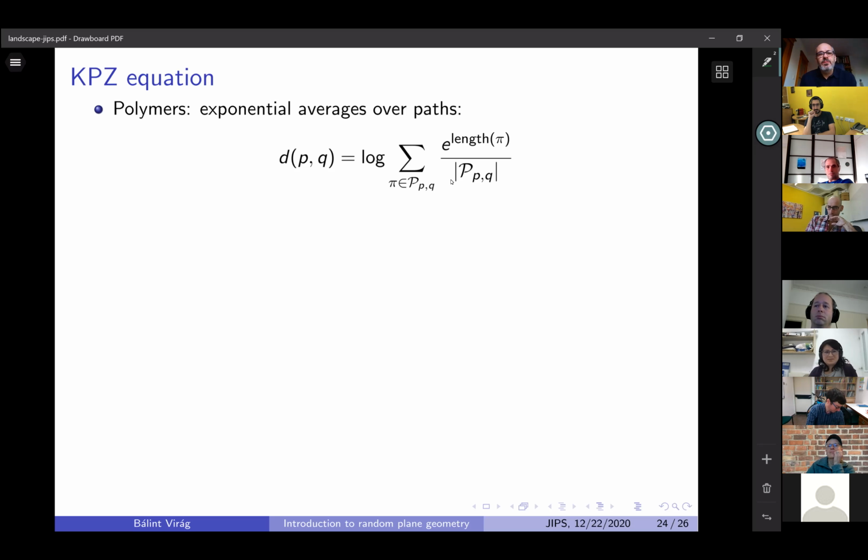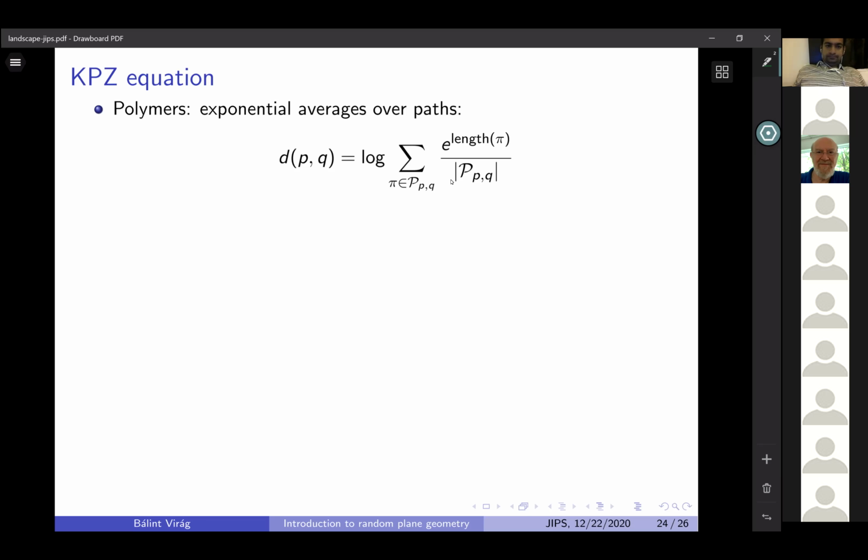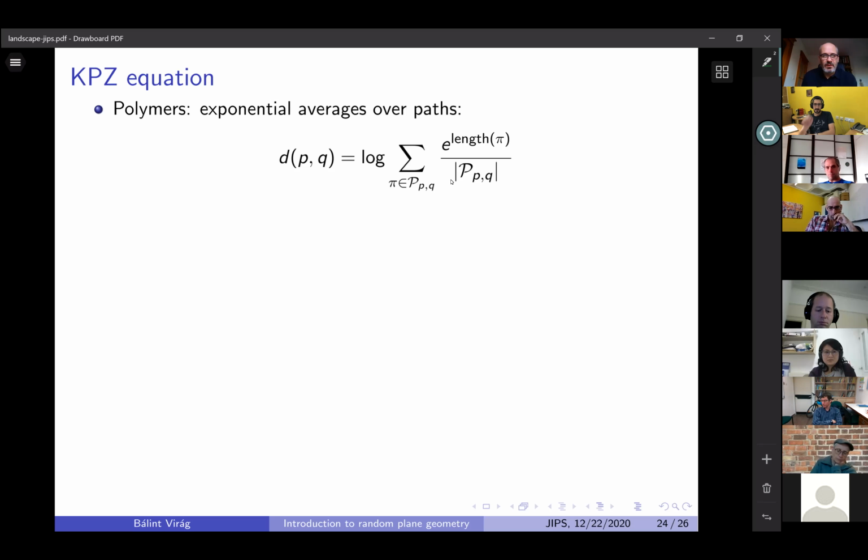Now again we're looking at something directed on the graph. You have edge weights, and instead of looking at the shortest path, you're looking at exponential averages over all paths. So you exponentiate the length, average over all paths, and take a log.